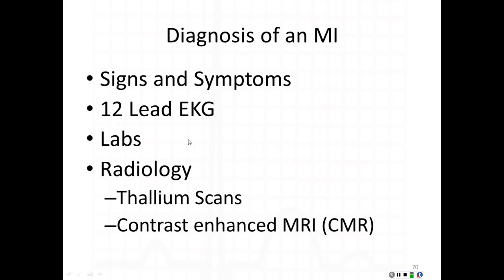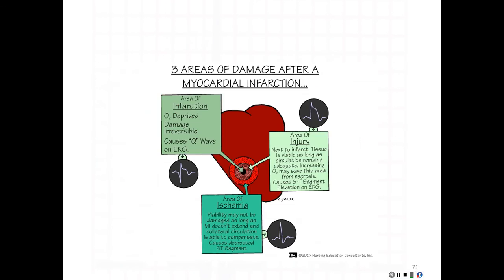Your book talks about some radiology, thallium scans, and contrast-enhanced MRIs. Most of the time, you're not going to see this. This may be done later on, but typically in your emergency departments, these three right here, signs and symptoms, 12-lead, and labs, are going to tell you whether this patient has had an MI or not.